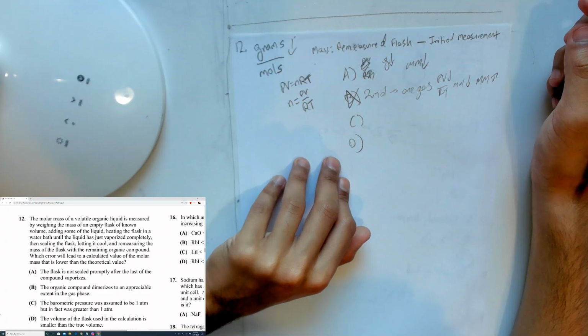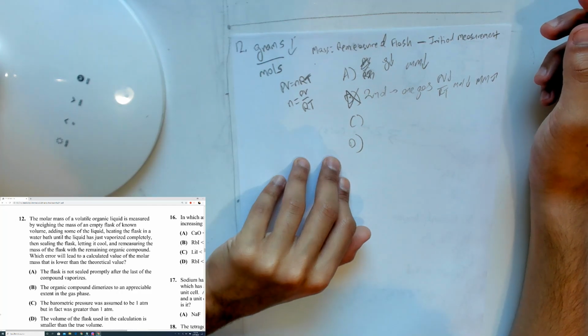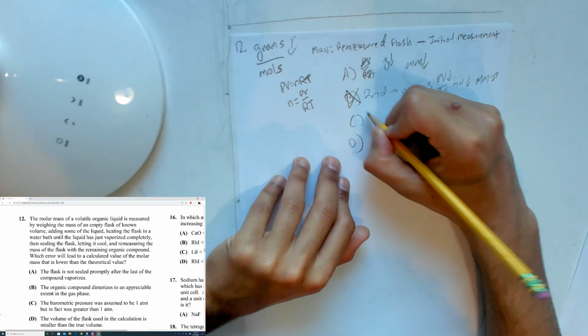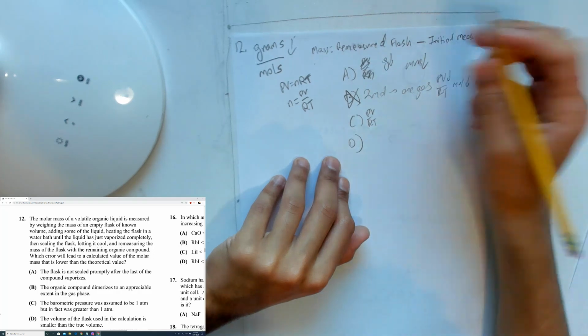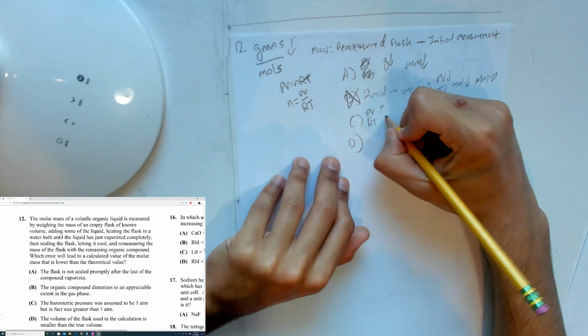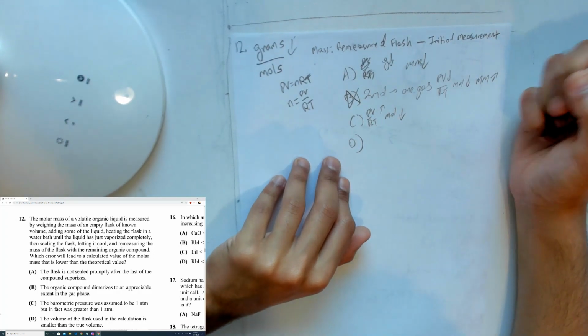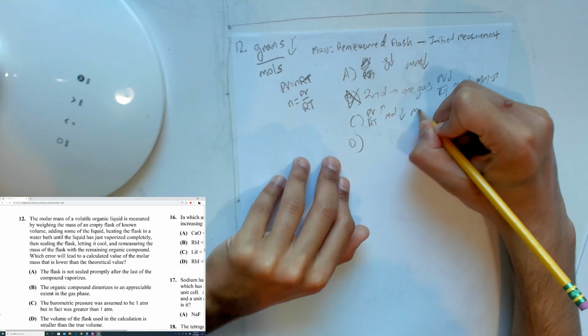The barometric pressure was assumed to be 1 atm, but in fact was greater than 1 atm. Now same thing applies. You think the pressure is higher, so you underestimate the moles, and then you overestimate the molar mass.